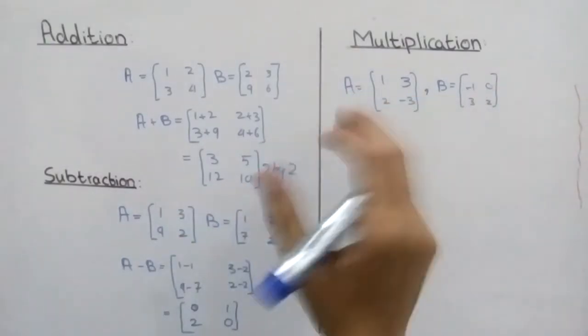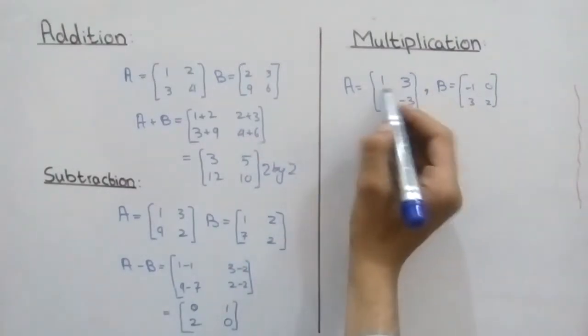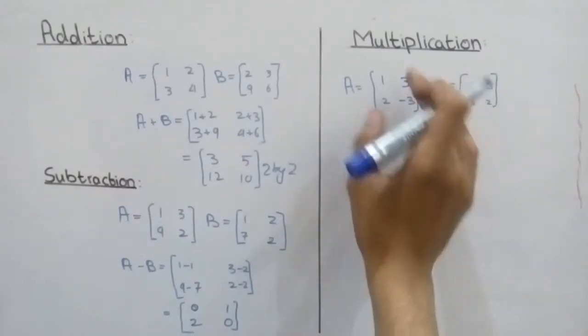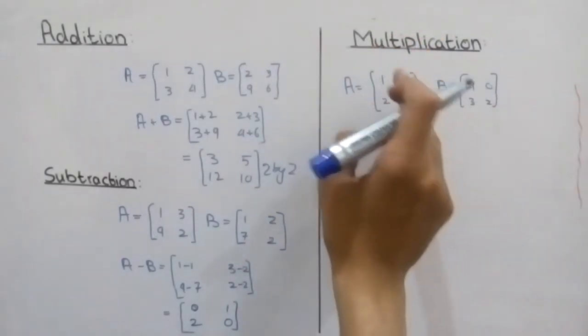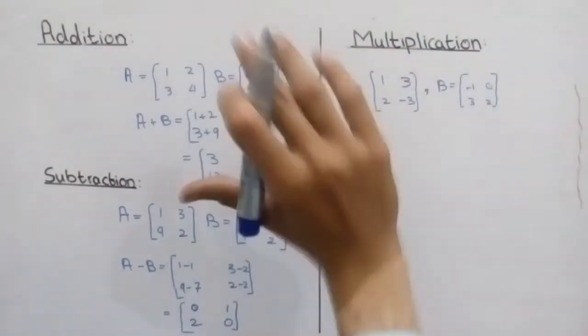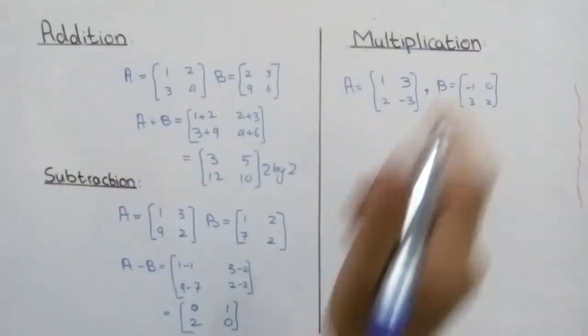These are the matrices which are to be multiplied. So look at this: the number of columns of the first matrix is equal to the number of rows of the second. This has 2 columns and this has 2 rows. Now these two can be multiplied with each other.